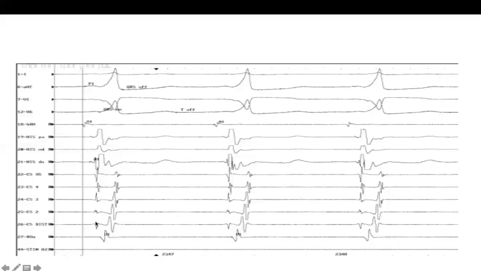Now, as you said, this is A and this is V. And we said, which one is the earliest, Fahmi? The distal. The distal is earlier than the proximal. So what does that mean? This is during sinus rhythm. Where is this accessory pathway?